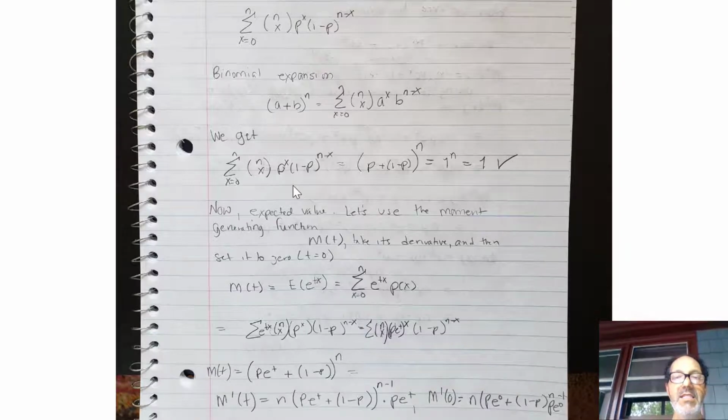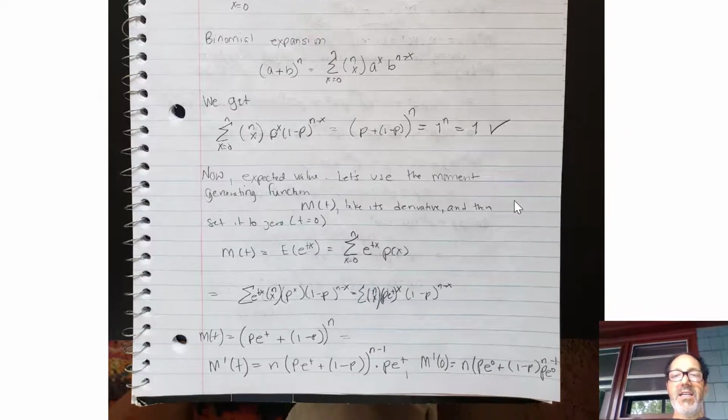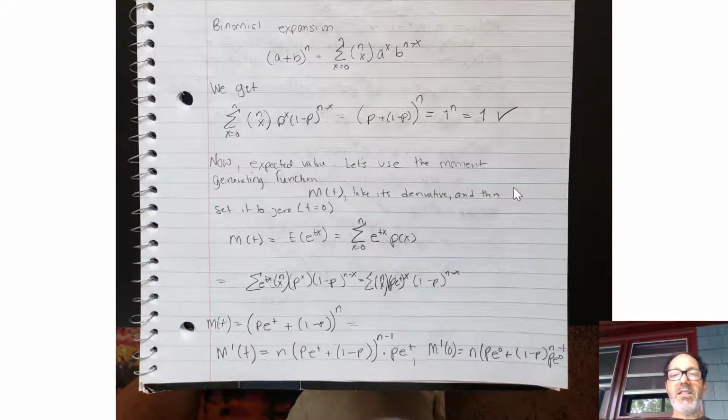Using the binomial expansion, p is equivalent to a, 1 minus p is equivalent to b, so we get a plus b, so p plus 1 minus p raised to the nth power. p plus 1 minus p, well, p minus p is 0, so we get 1. 1 raised to the n is 1. We have therefore proven that this is a valid probability mass function.